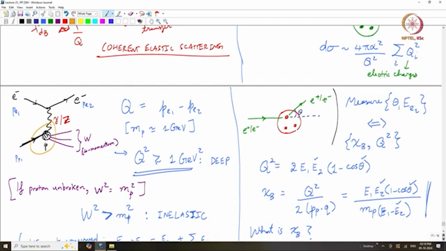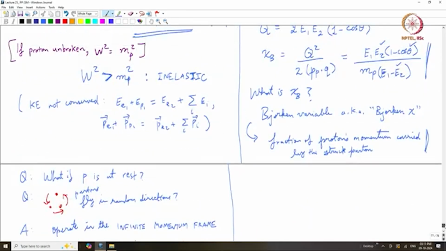So the gamma comes in with momentum q, and this is P1, but then we are talking about the parton getting scattered now. So we have to take the momentum of the parton, which is x times P1, that is what I am writing here.